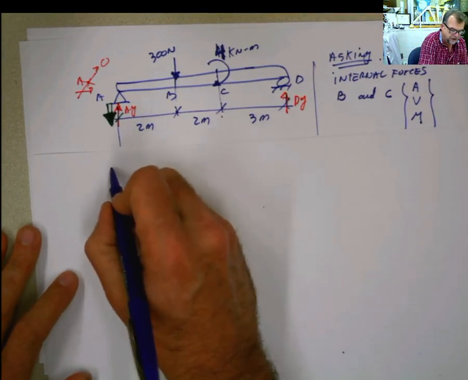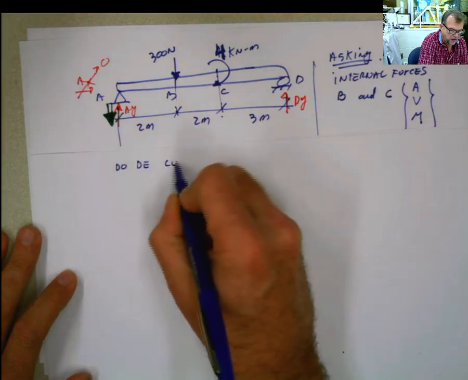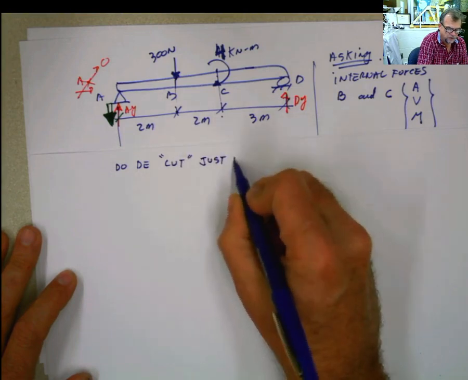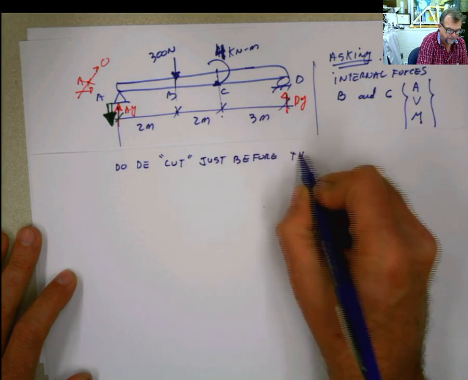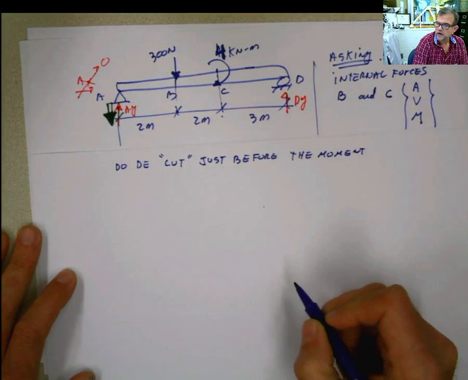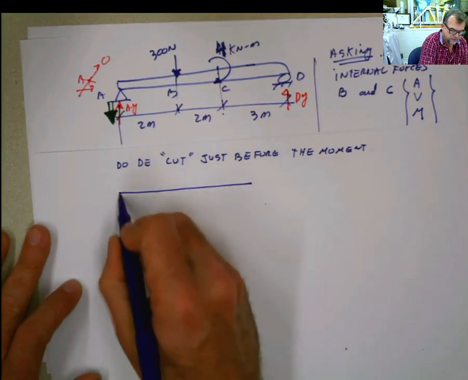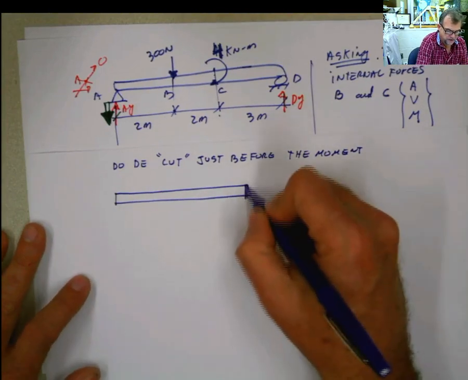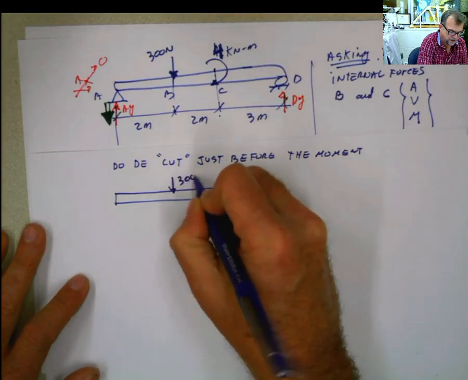Let's first do the cut just before the moment. Just before the moment, this is going to be my point C. My force of 300 is here.